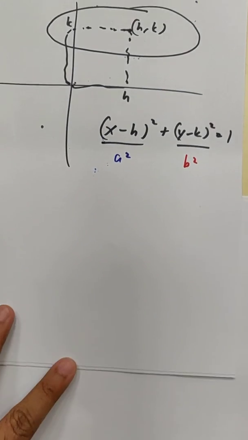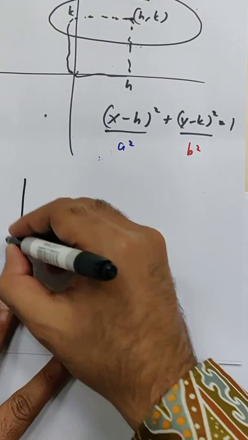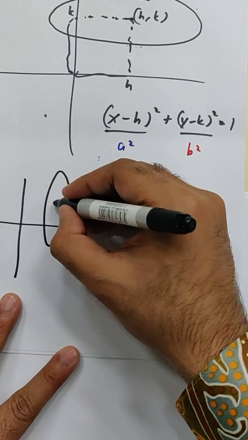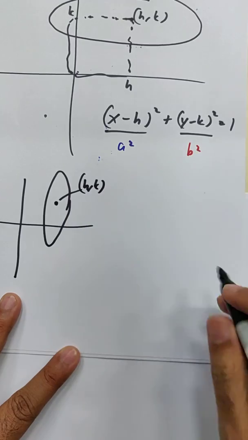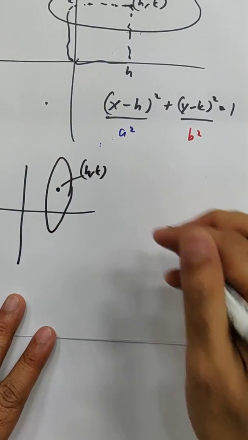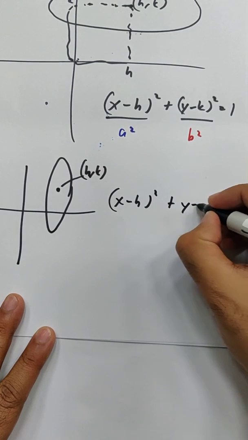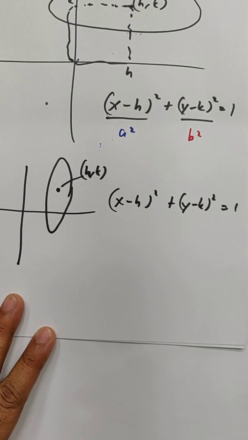Now what about if we give you a vertical ellipse? I'm still going to say the center as the hk. So it's going to be the same, x minus h squared plus y minus k squared equals to 1 over a squared.